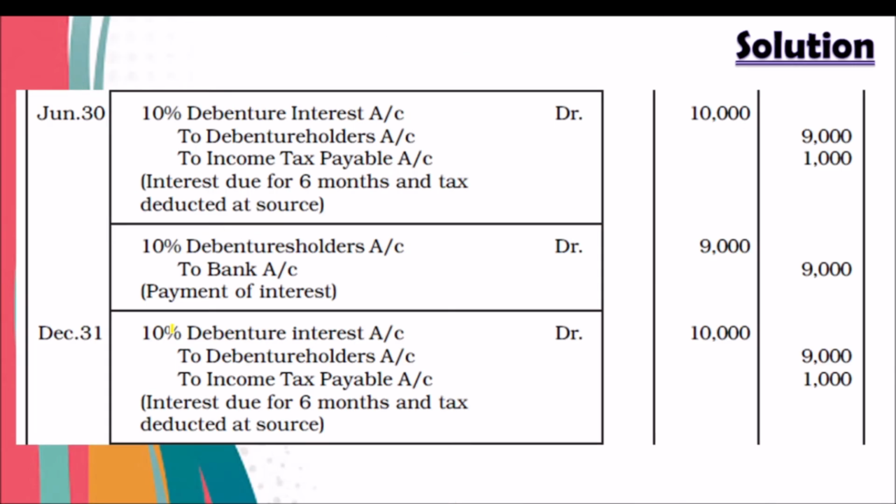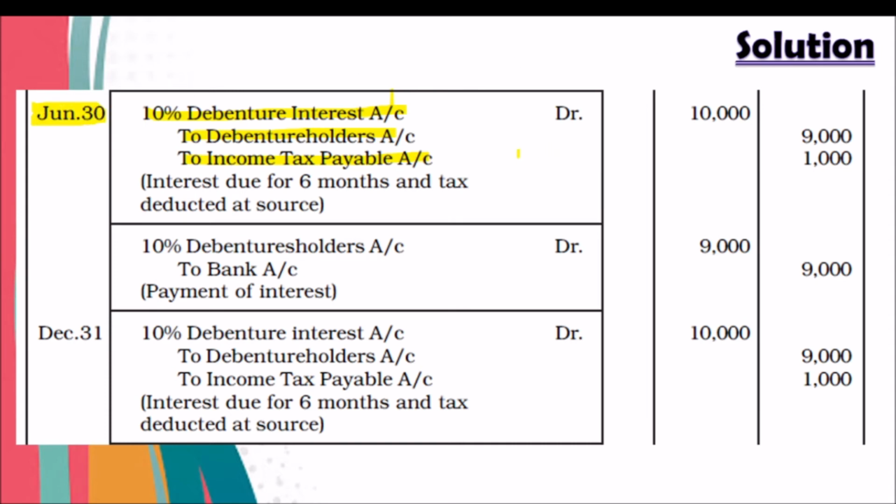And entry for due for the debenture interest and income tax: 10% debenture interest account debtor to debenture holders account, to income tax payable. So on the total value of the debenture, we are calculating the interest, and it is paid half yearly. So on June 30, we are paying the first installment of the interest.